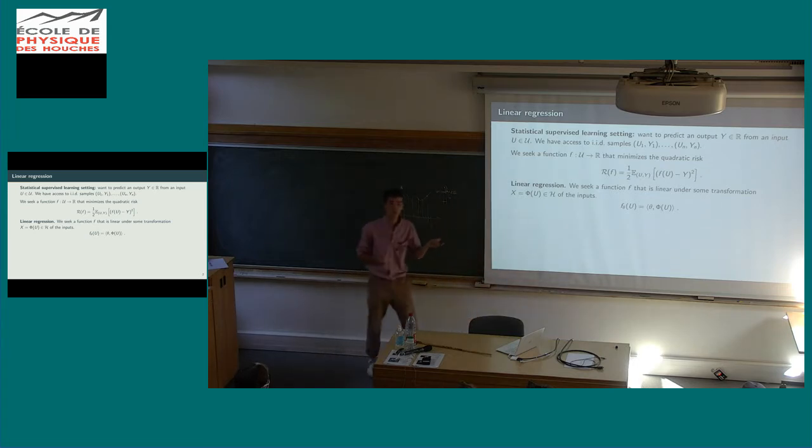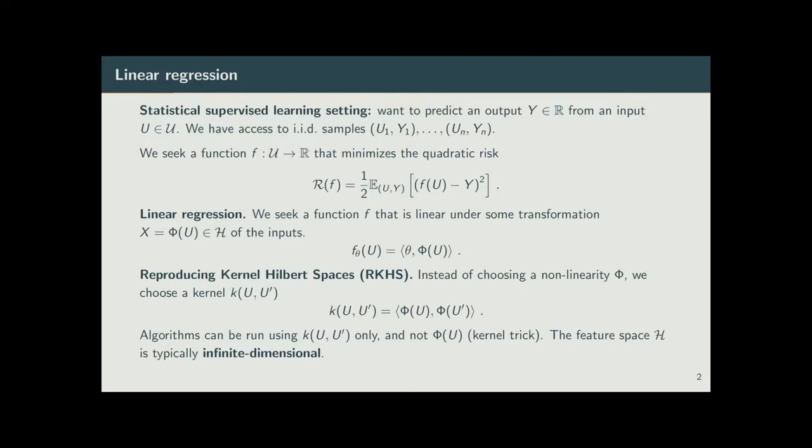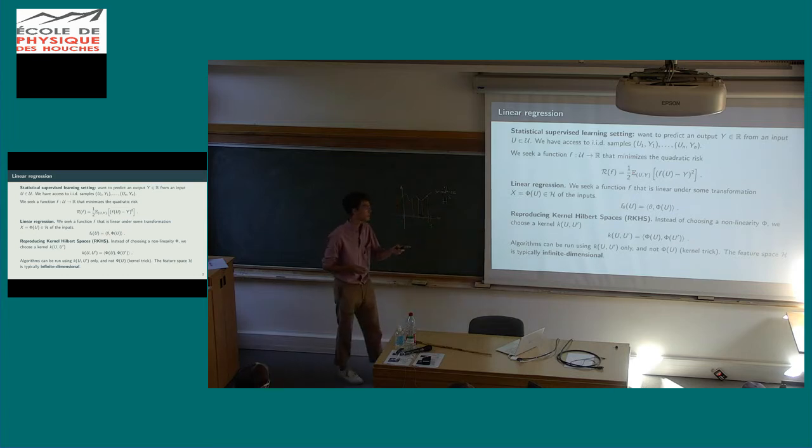If you do linear regression or ridge regression, you don't need to compute these features. You only need to compute dot products between features. And what we call dot products between features are in fact kernels, positive definite kernels.